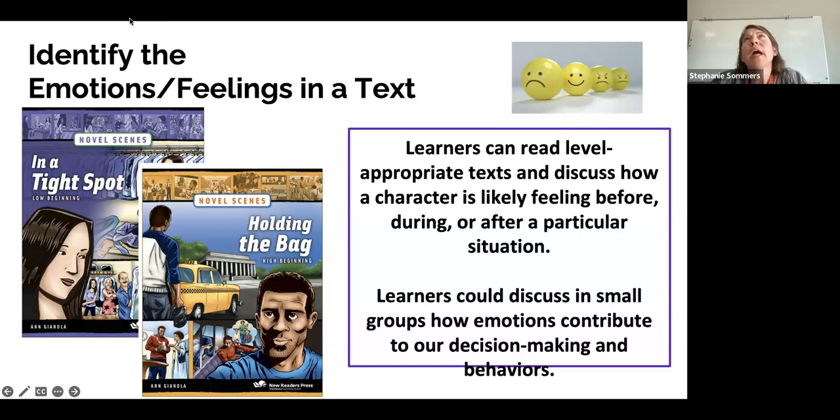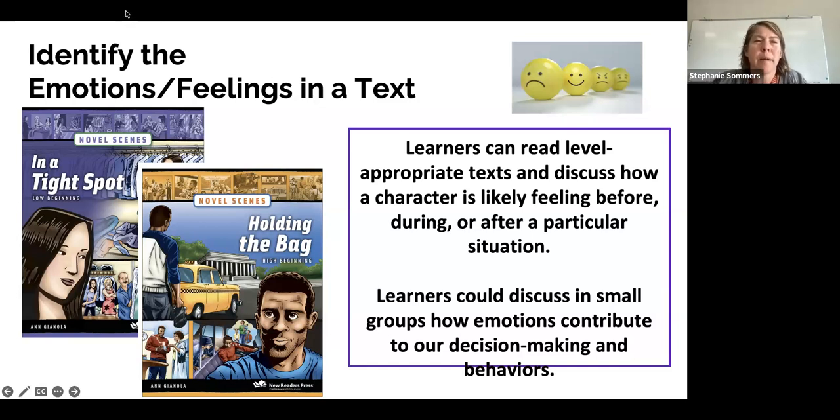And so helping our students think about and recognize how our feelings impact our choices is a great activity. It also can be the type of thing that comes up in text questions, right? So understanding how a character is thinking and feeling in a particular situation is part of comprehending a text.